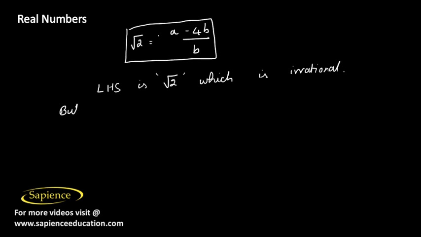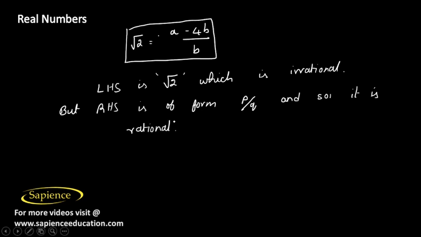But the right hand side of this equation is of the form p by q, and so it is rational. We are getting left hand side is irrational and right hand side is a rational number, and we are getting a contradiction.